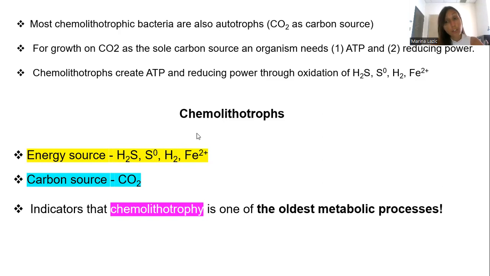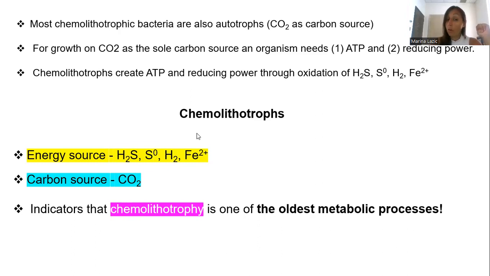We'll also talk about hydrogen and iron oxidizers. They literally extract electrons from these compounds and use those electrons to create ATP and NADH, because they need to invest a lot of ATP and NADH to fix carbon dioxide. Some of them use the Calvin cycle, some of them use the other two cycles for carbon dioxide fixation that we talked about last class.